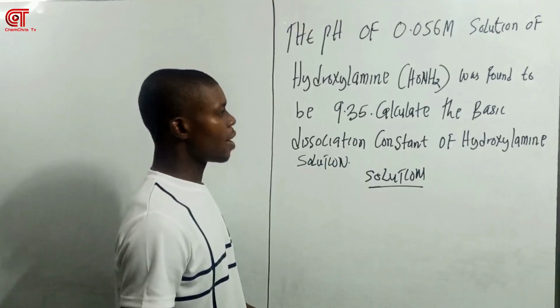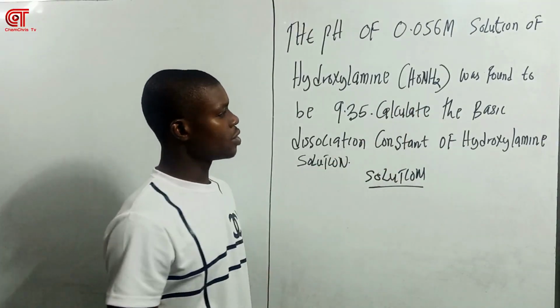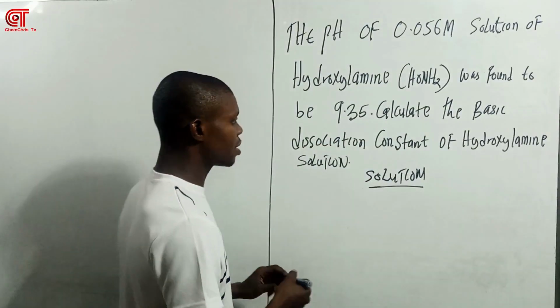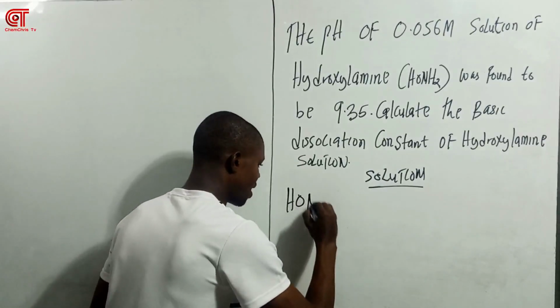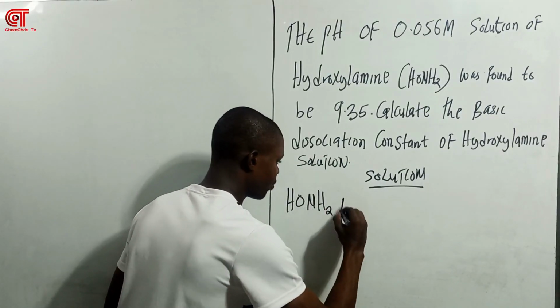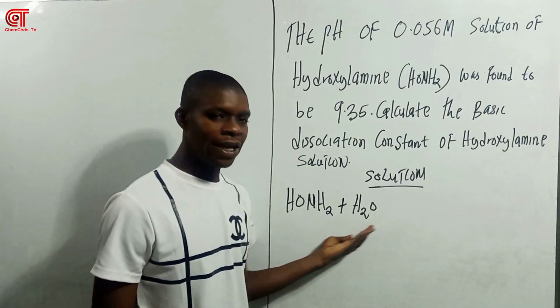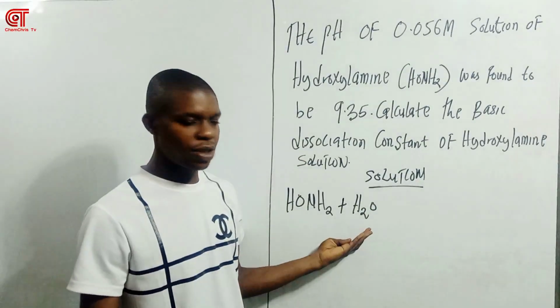Remember, when you dissolve this in water, you should write the ionic equation: HONH2 plus H2O. Water is an amphiprotic substance.